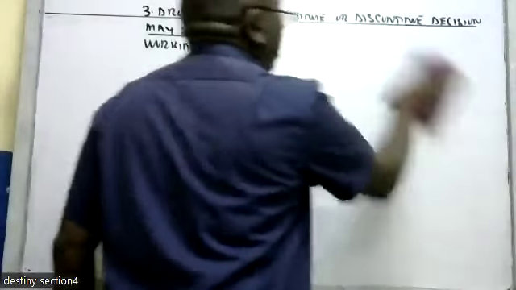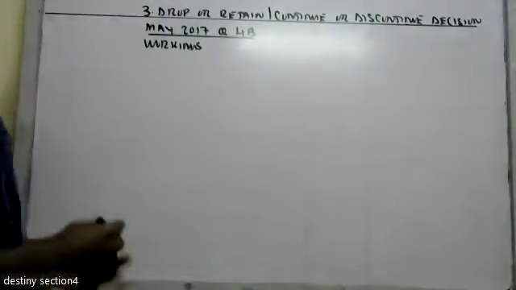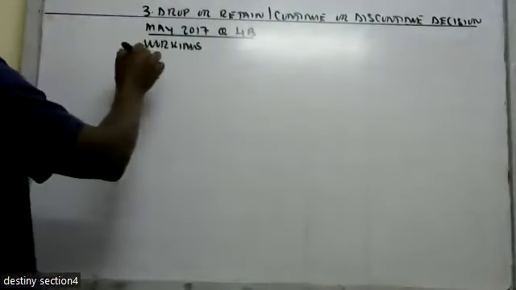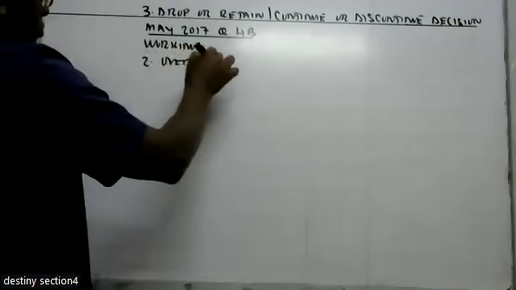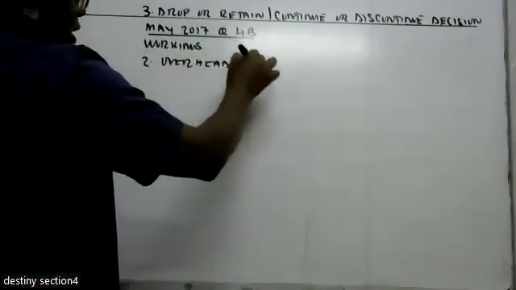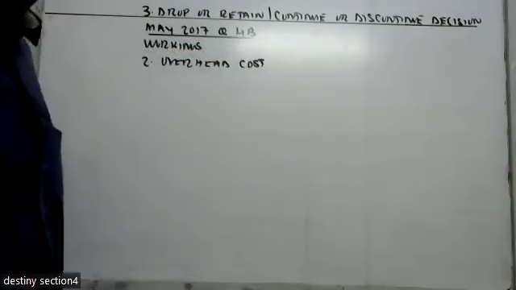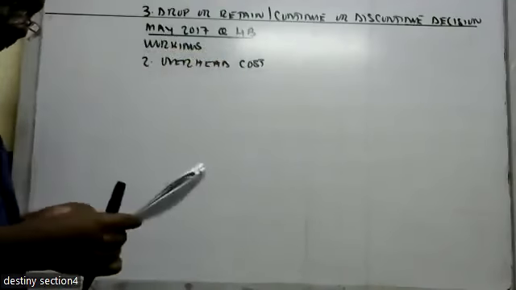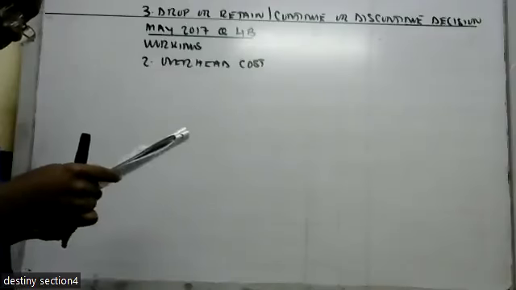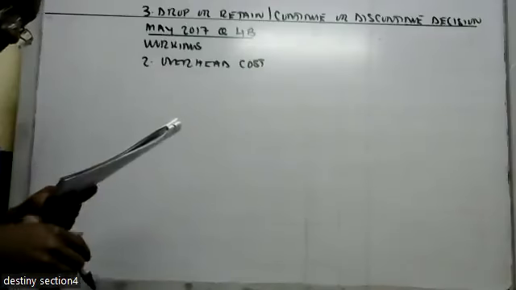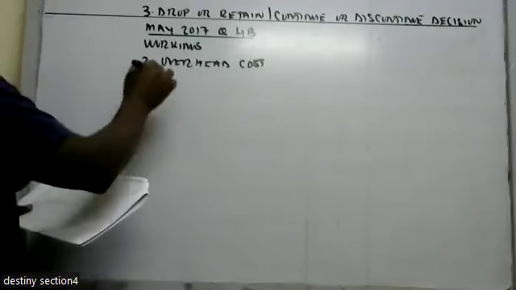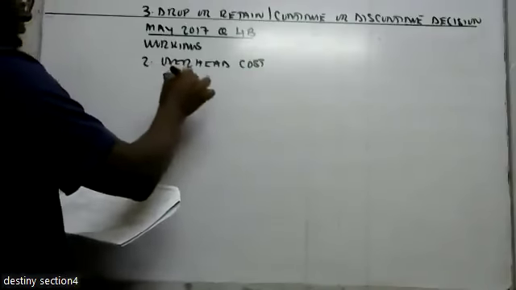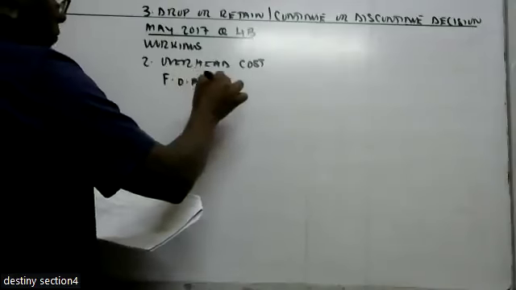Okay, so the second working that we require is on overheads. Overhead costs. Now we are told that overheads, 900 of them are apportioned on the basis of units sold. So we first of all need to get fixed overhead absorption rates.